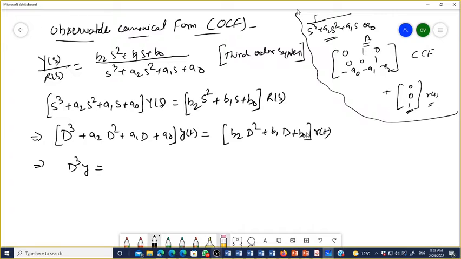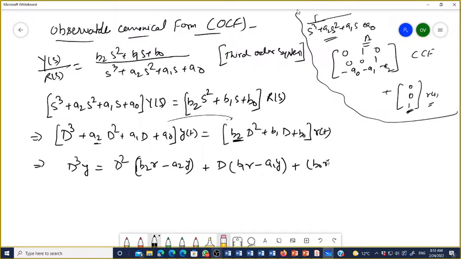It will be d square of b2r minus a2y; similarly for the d term, b1r minus a1y; and lastly b0r minus a0y.